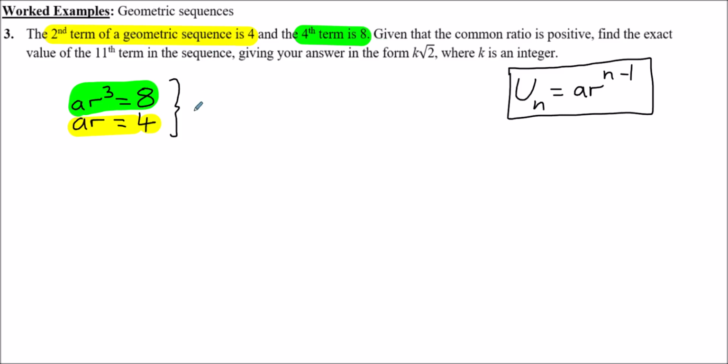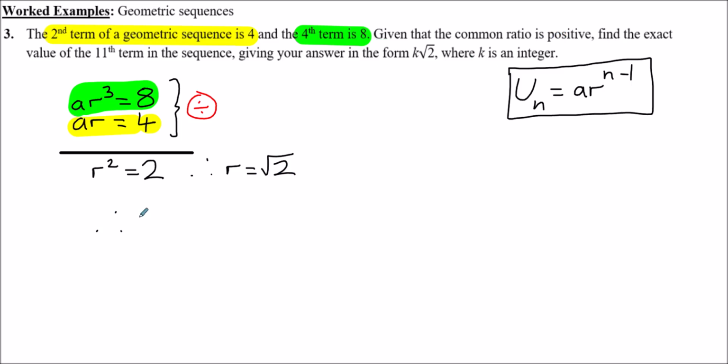So if I do one of these divided by the other, a divided by a will cancel. r cubed divided by r will give me r squared. Then 8 divided by 4 is 2. r squared is 2. Therefore, the common ratio, which is positive, I just consider the positive root of 2. So r is root 2.